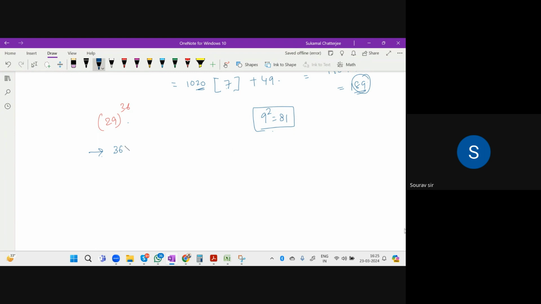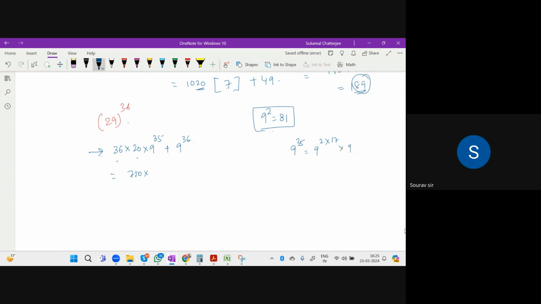36 into 20 into 9 to the power 35 plus 9 to the power 36, right? 36 into 20 is 720 into 9 to the power 35. So 9 to the power 35 means 9 to the power 2 into 17 into 9, right?